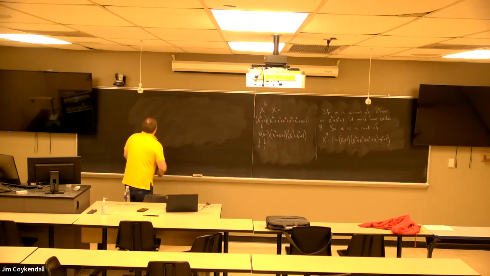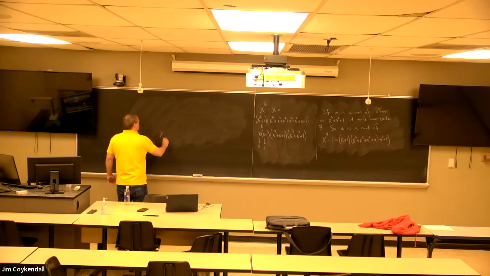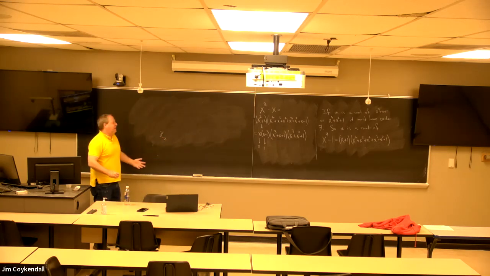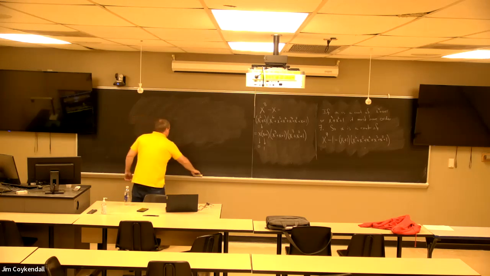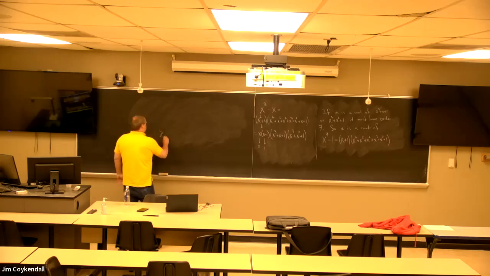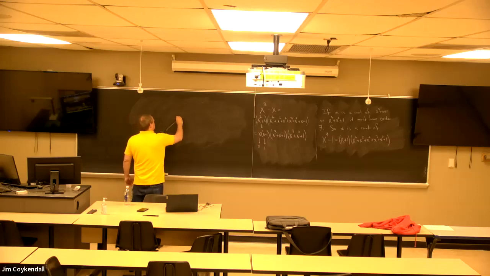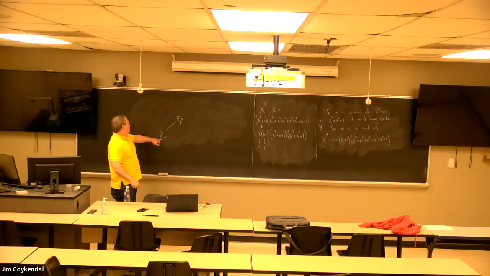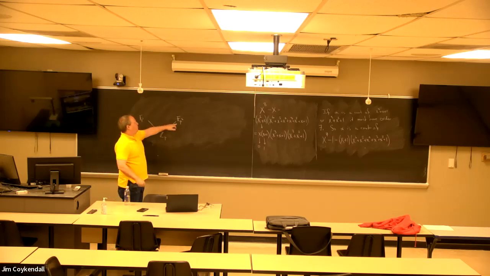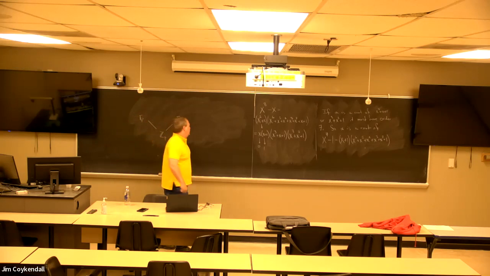The field of p elements is contained in the field of p squared elements, and it's contained in the field of p cubed elements, right? But these two fields will not be comparable, right? Yes, I know p squared divides p cubed, but that's not really what you need.